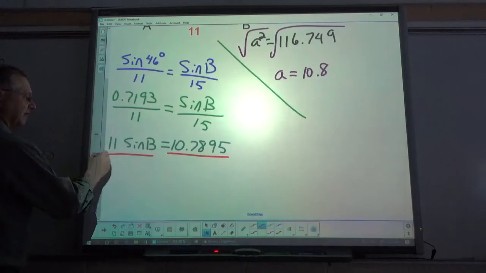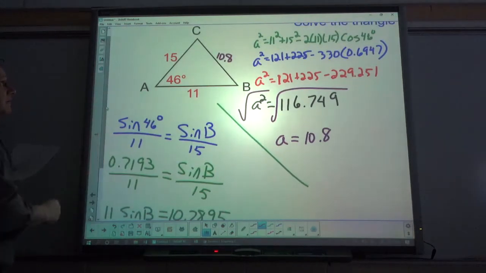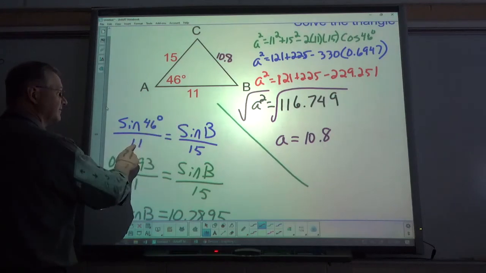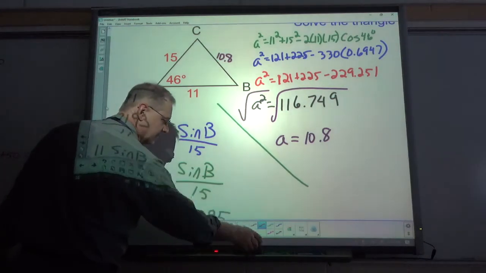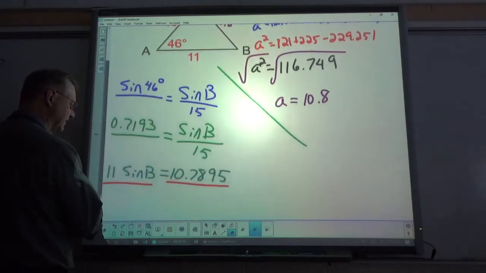Now I'm going to divide by, wait, something's not right here. Why did I write that? Oh, duh, look what I did. I used side C instead of side A. Let me fix that. This should be 10.8.